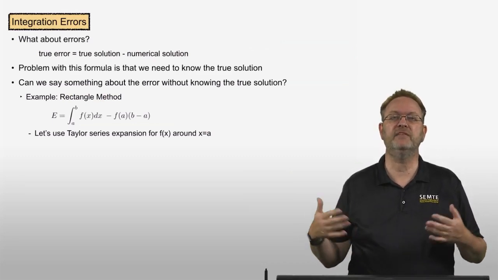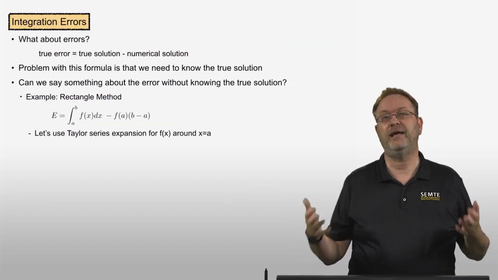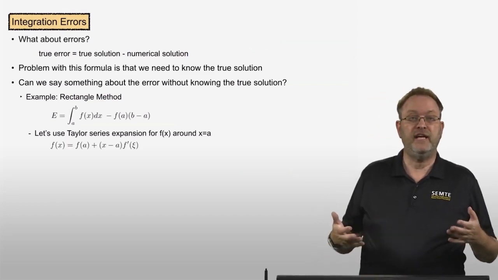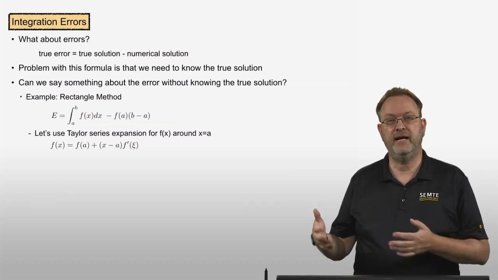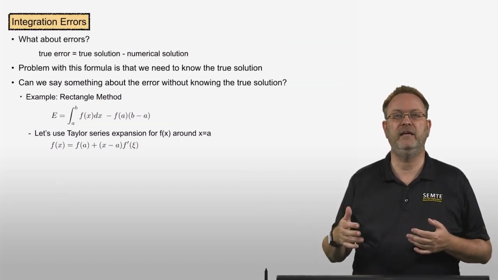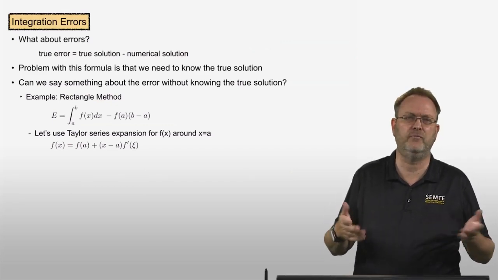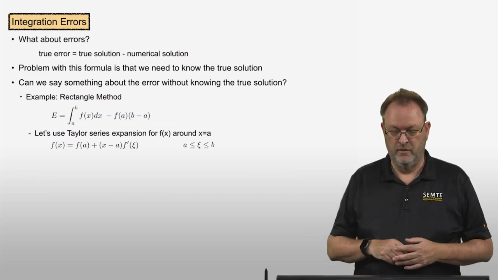Let me do a Taylor series expansion for f of x around x equal to a. So the function f of x is equal to f of a plus x minus a times f prime evaluated at some unknown location psi that I just know is somewhere between a and b. That's using Taylor's theorem. Right?